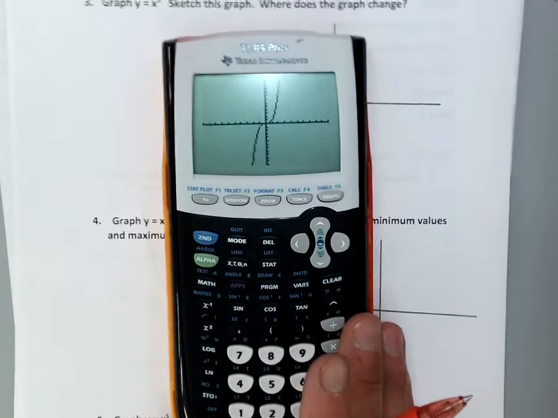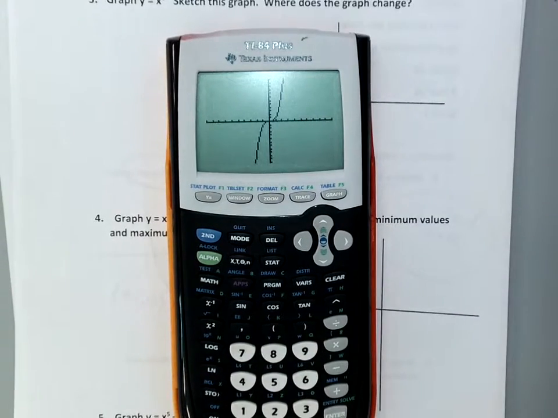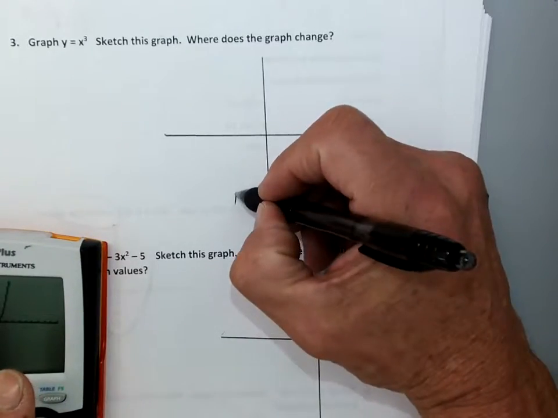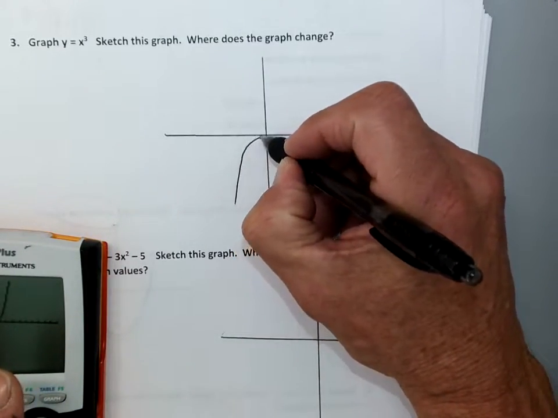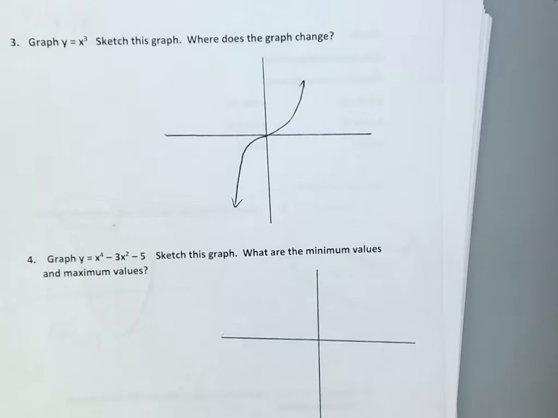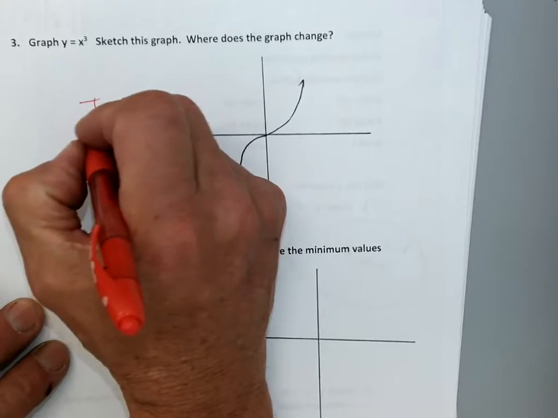Now, this one doesn't have a max or min, does it? It just has this kind of cubic thing right here, and it bends right there and goes up. So that's neither a max nor a min. We'll call that an inflection point, okay?